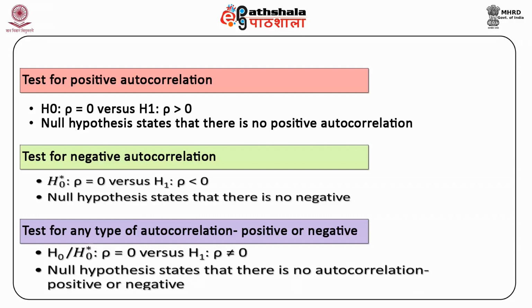Our null hypothesis H0 star in this case is rho is equal to 0 versus alternative hypothesis H1, which says rho is not equal to 0. Now null hypothesis states that there is no autocorrelation, positive or negative.